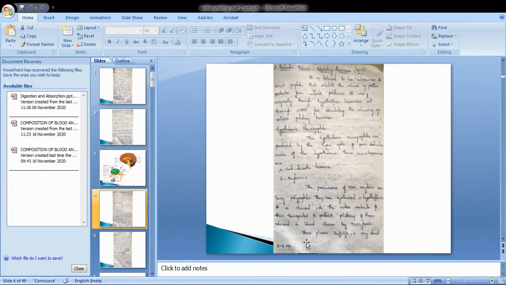Actually, the main function of the hypothalamus is to maintain the homeostasis of the body. Homeostasis means the ability to maintain a relatively stable internal state that persists despite changes in the body.